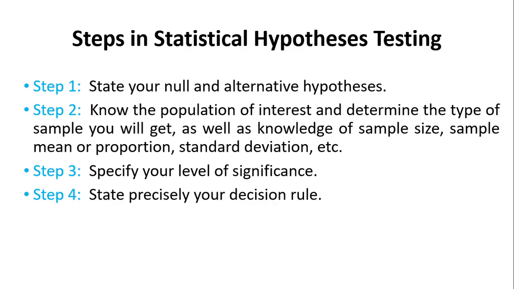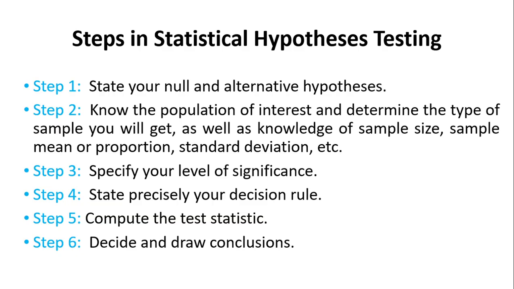So you take your decision rule, when to accept or when to reject. The next is to compute your test statistic. Depending on your null hypothesis, you can now use your test statistic in reference to your null hypothesis, and you compute.